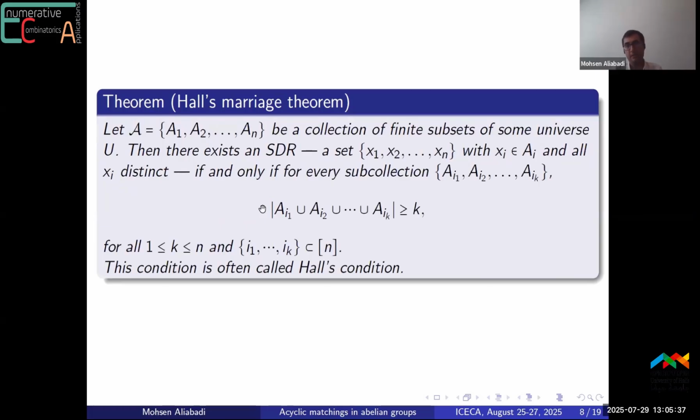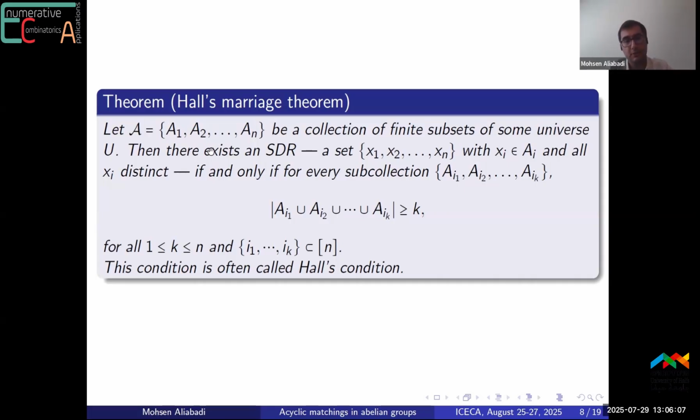And also Hall's marriage theorem, which is a classical theorem, and there are many versions of it. Here I'm going to give the SDR, system of distinct representatives, version of Hall's marriage theorem as follows. Let us assume that we are dealing with a collection of finite subsets of a set U: A_1, A_2, ..., A_n.